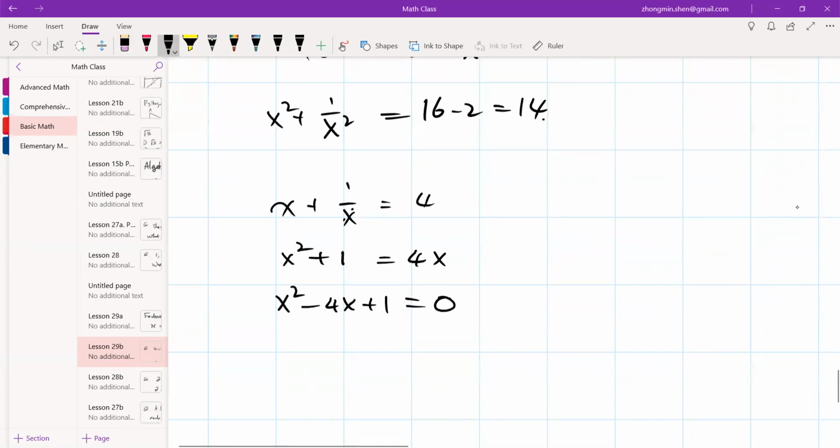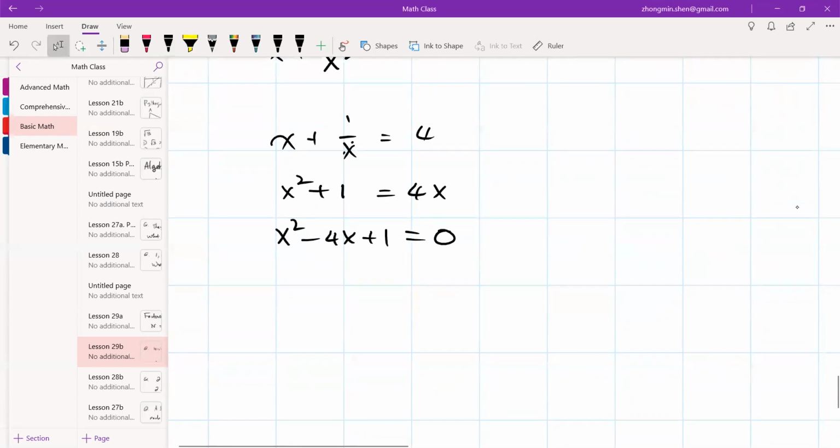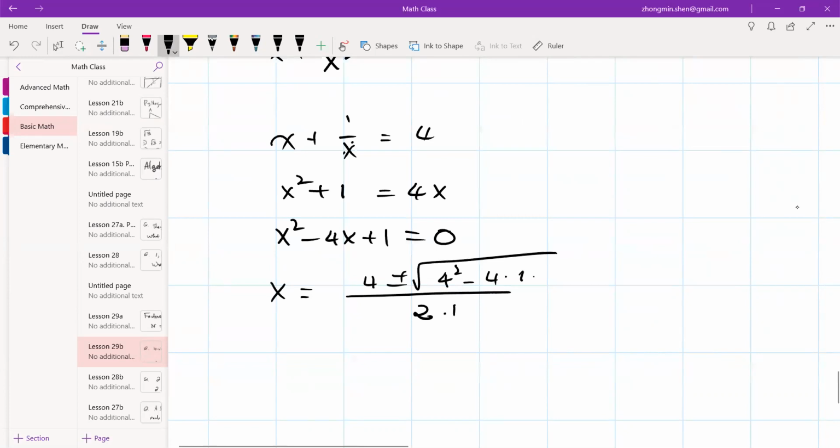You can find x, but it does not mean you have to do that. Use the quadratic formula because you're not going to get integers. The quadratic formula says 4 plus or minus the square root of 4 squared minus 4ac, all over 2 times 1. So it's going to be 4 plus or minus the square root of 16 minus 4, which is 12, and the square root of 12 is 2 square root 3, divided by 2.